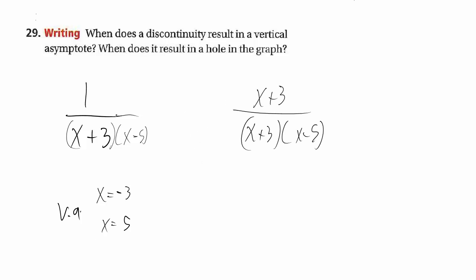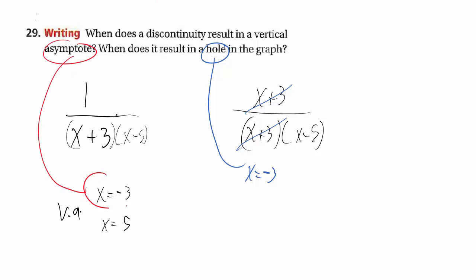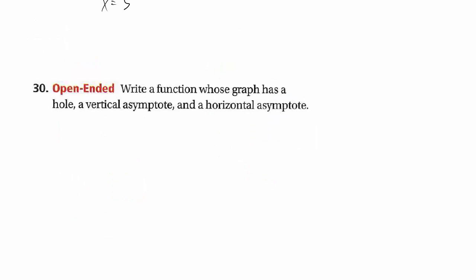But if we look at this second expression, this factor is going to cancel out. So for this one, you have a hole at x equals -3, whereas in the first one, you have an asymptote at x equals -3. Now, in both scenarios, you will have an asymptote at x equals 5. So if it cancels, you get a hole. If it doesn't cancel, you get an asymptote.